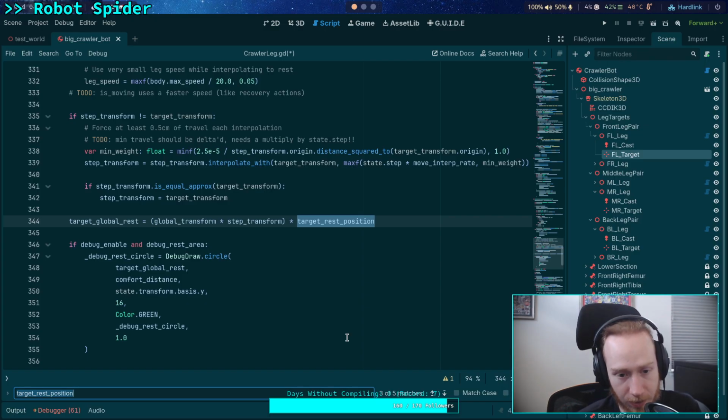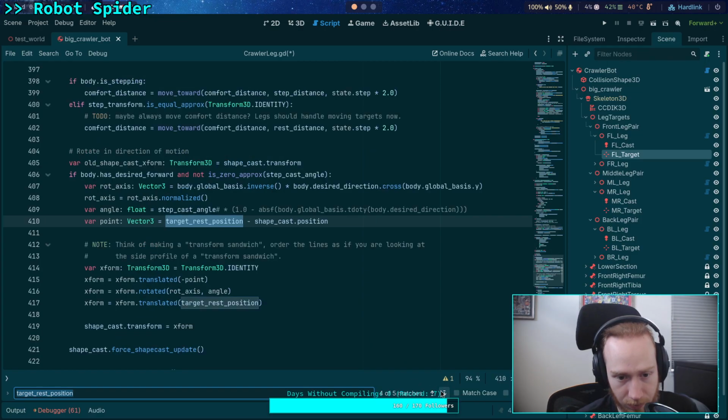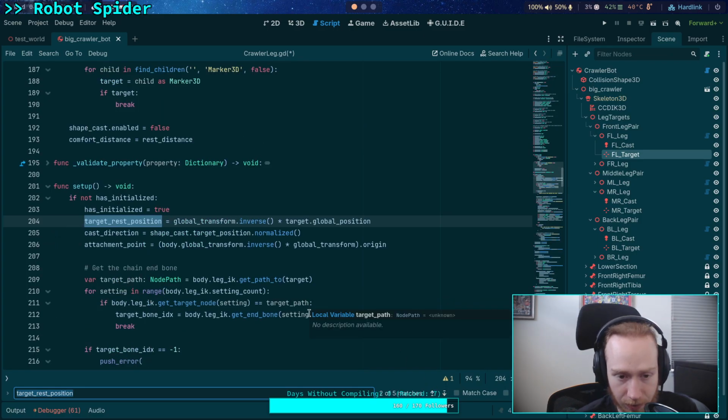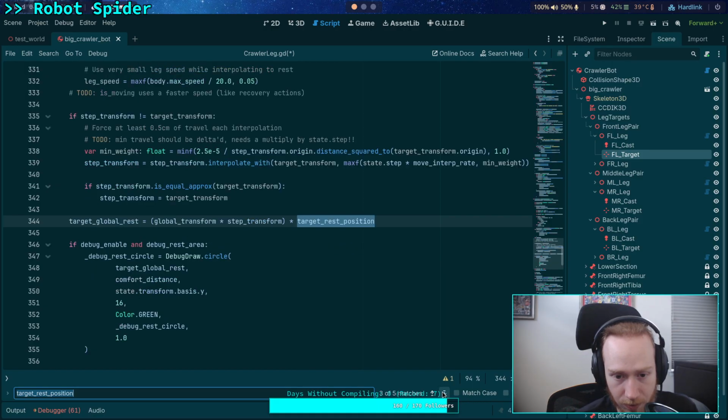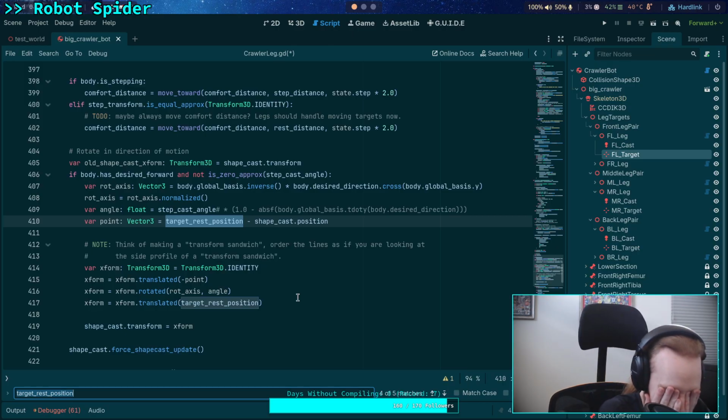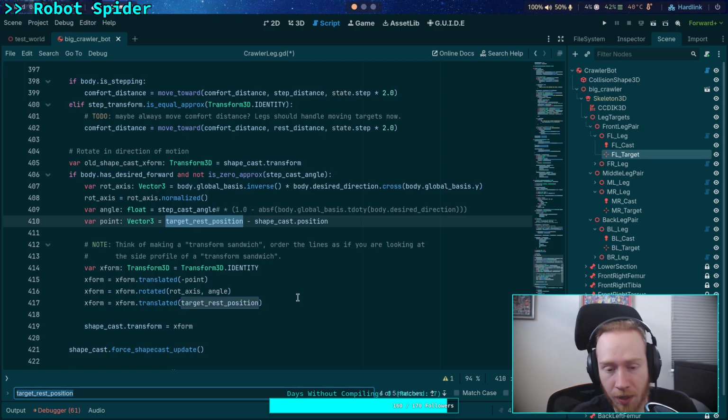Target global rest, global transform, right? It has to be relative to that. Okay. Oh yeah, it is. Target rest position relative to the leg. Right, okay.